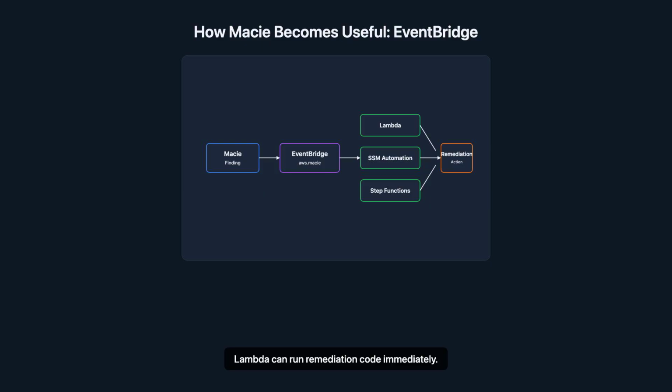Lambda can run remediation code immediately. Step Functions can kick off a multi-step approval and quarantine workflow. SSM Automation can run a runbook that reapplies S3 Block Public Access. The point is, Macie itself does nothing to the data. EventBridge is the wire that turns a finding into an action.